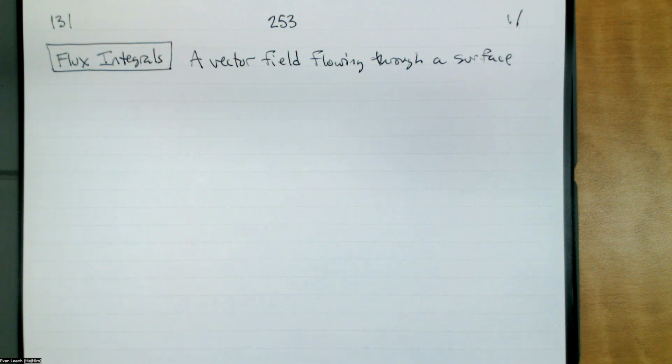So the context that we set up last time is that the vector field would be, say, the speed of water or air. We can imagine the vector field as being a speed of the air.